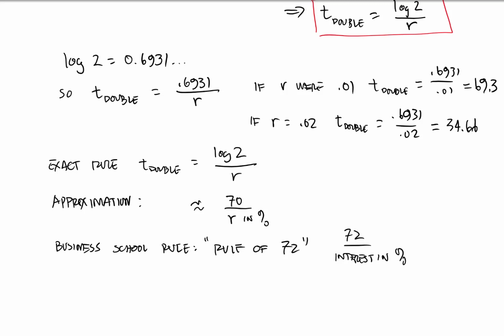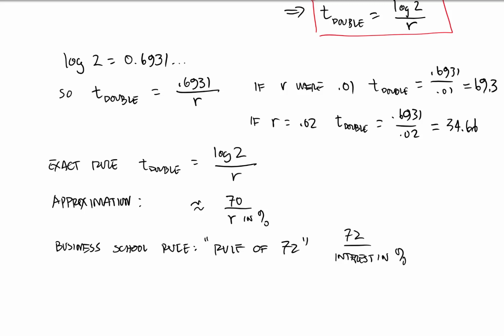In case you want to know, the reason why is because the number 72 has lots of even factors. 72 is evenly divisible by 1, 2, 3, 4. It's almost evenly divisible by 5. It is evenly divisible by 6. It's almost evenly divisible by 7. It is evenly divisible by 8 and 9, and almost by 10.